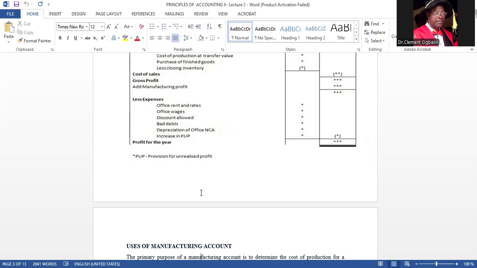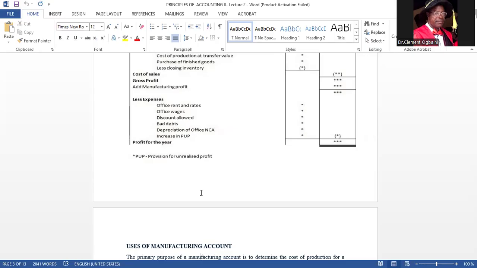So the manufacturing account, like I said, is meant for a manufacturing company, and they prepare it before they enter the trading profit and loss account. For trading companies, it's only the trading profit and loss account that they prepare. For a manufacturing company, they prepare the manufacturing account before they can prepare the trading profit and loss account.